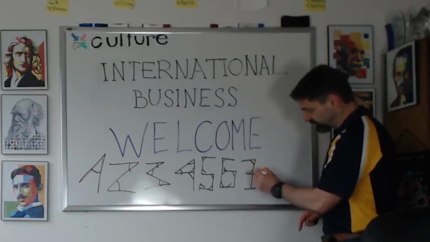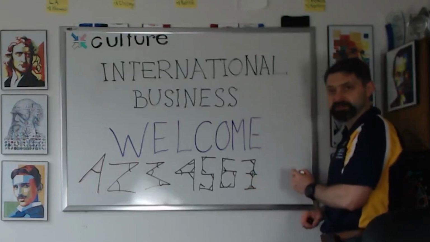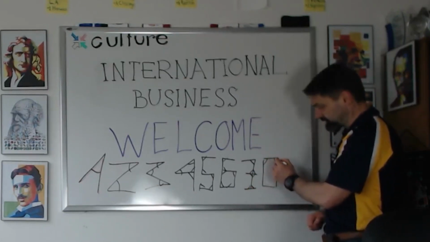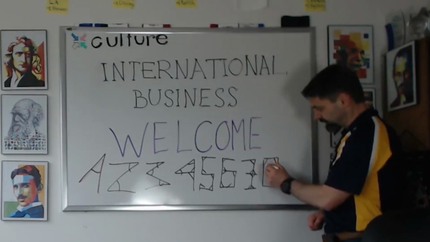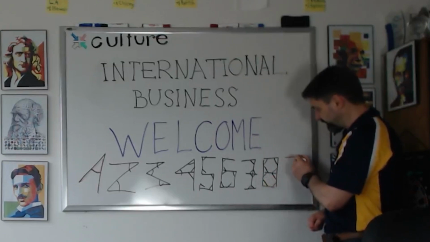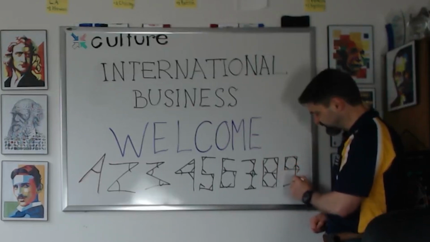So 1, 2, 3, 4, 5, 6, 7. Right? 8 has 4. 1, 2, 3, 4, 5, 6, 7, 8. Finally, 9 looks like this. 1, 2, 3, 4, 5, 6, 7, 8, 9.